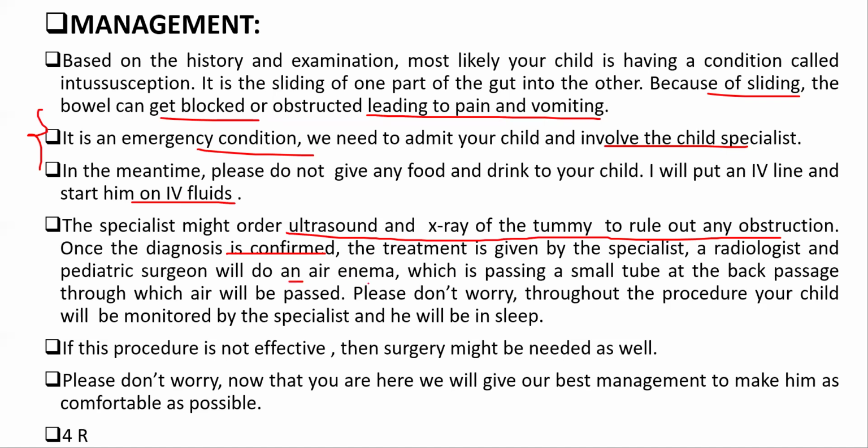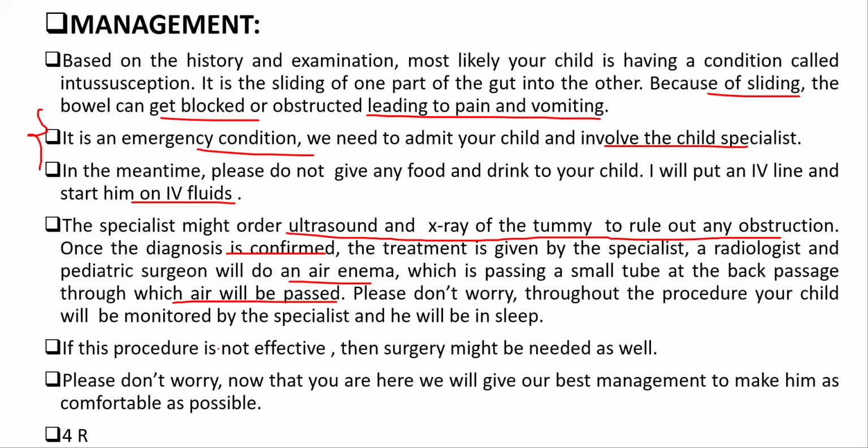They usually start with an air enema, which is passing a small tube through his back passage, and then they pass a bit of air through it. And when they pass the air, the blocked gut can become unblocked and the problem can be solved. Please don't get scared. I understand it sounds very, very scary. But throughout the procedure, your child will be monitored by a very experienced specialist and he will be under sleep, so he will not feel any pain.